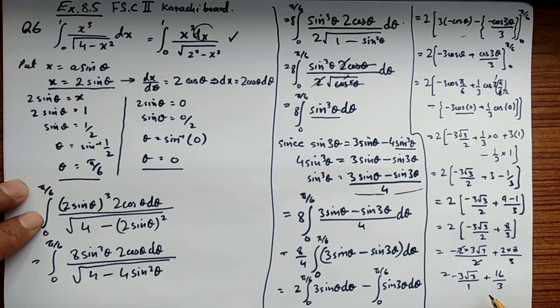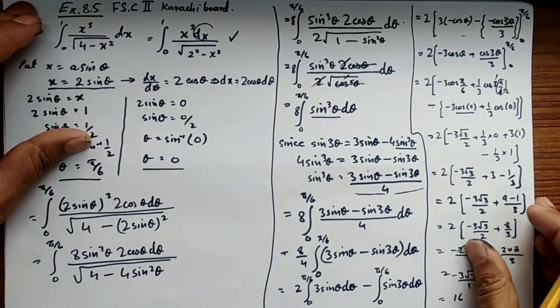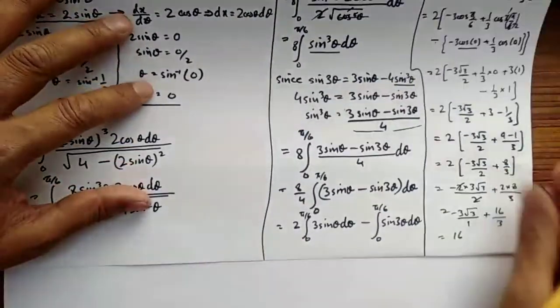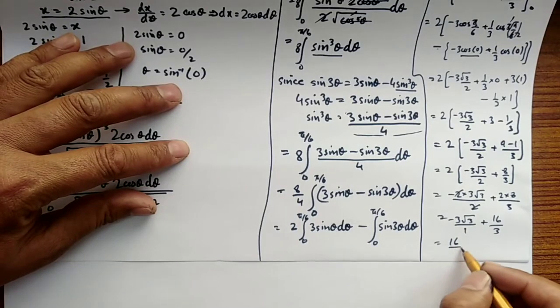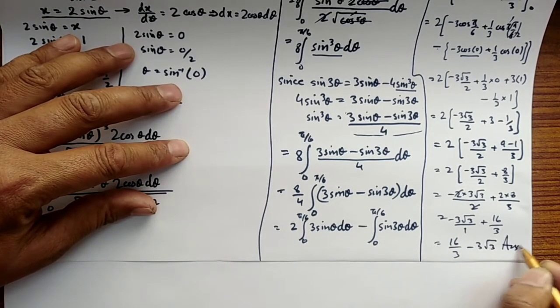You can make it simpler. So this will be your answer. You can write this in the form of a simpler answer, that will be 16 upon 3 minus 3 whole 1 upon 3. This can be your answer.